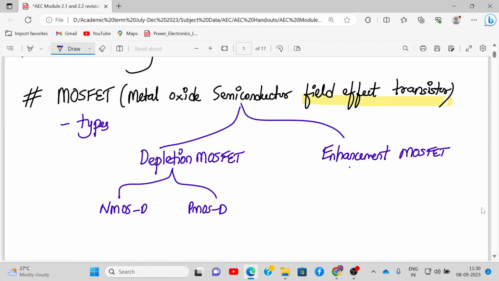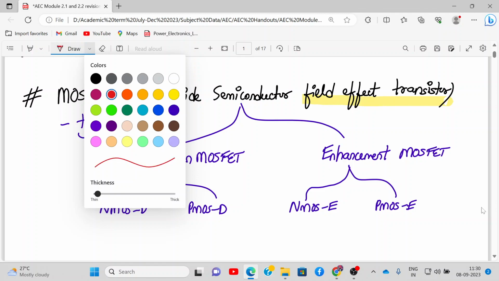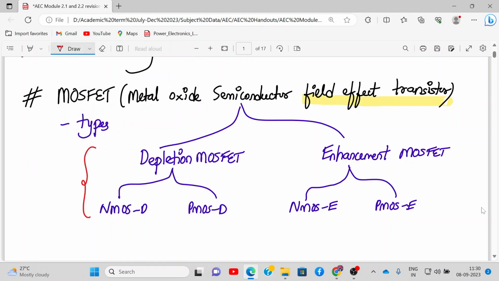In enhancement also we can have NMOS E type and PMOS E type. So in short we have to explain the construction and working of these four types of MOSFETs. Understanding? And we will start with NMOS enhancement type MOSFET.